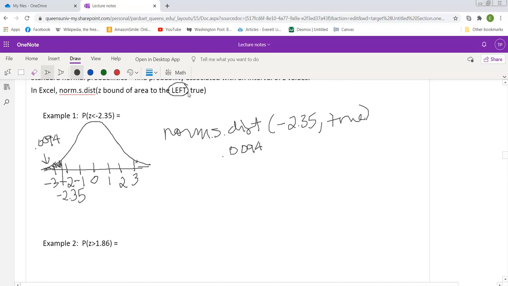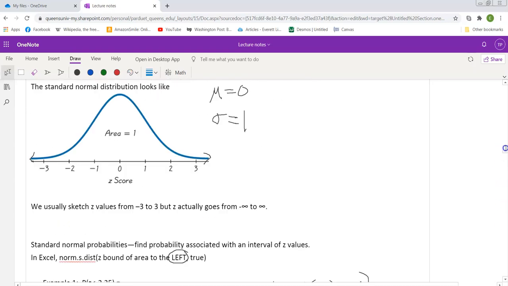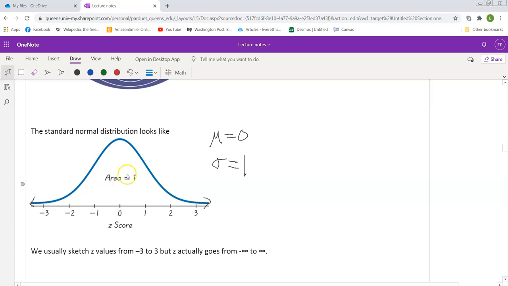Or in this case, that's just how Bill Gates made it. That's just the way the thing is written. So if you want the area to the right, it means you have to do a little bit of finagling. Not a whole lot, just a little.